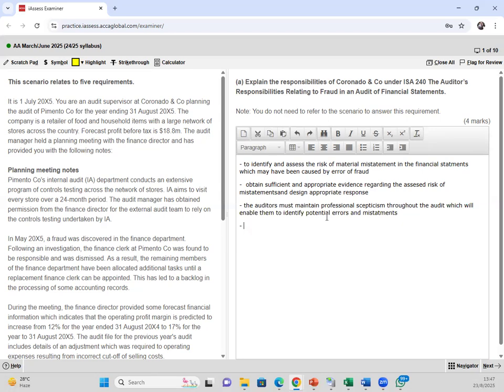Don't believe everything at face value. You audit with professional skepticism. Then we can also talk about how many were required. 1, 2, 3. Now we need one more.